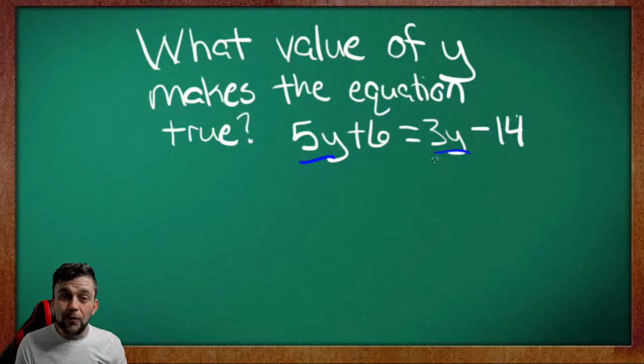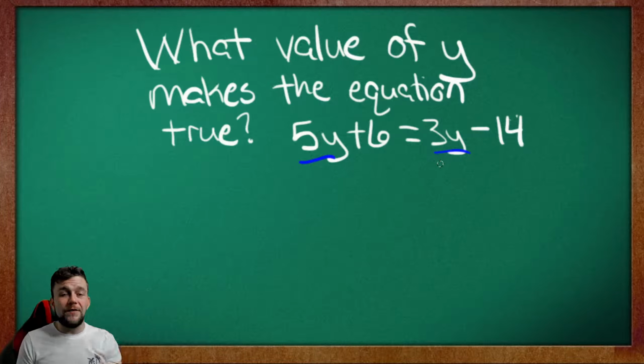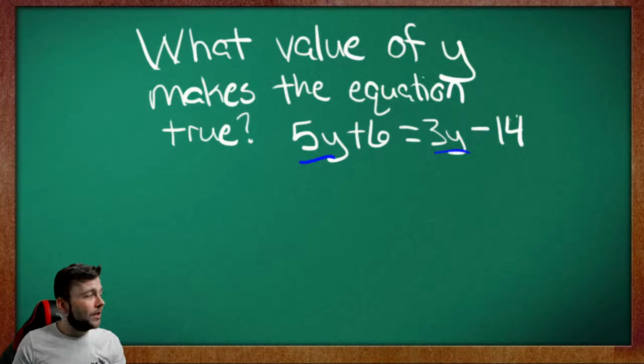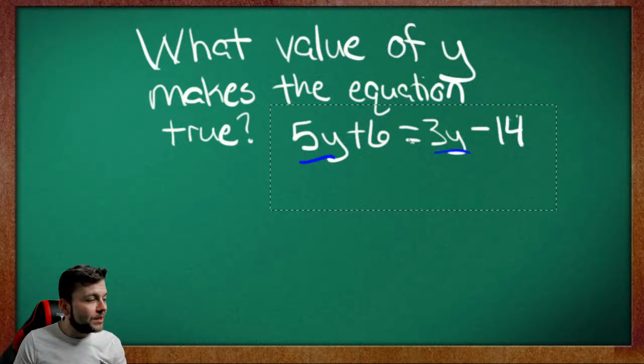So what we're going to do first is move the 3y from this right side over to the left side. So I want to first give us a little bit more space. I'm noticing this is going to get a little bit messy.